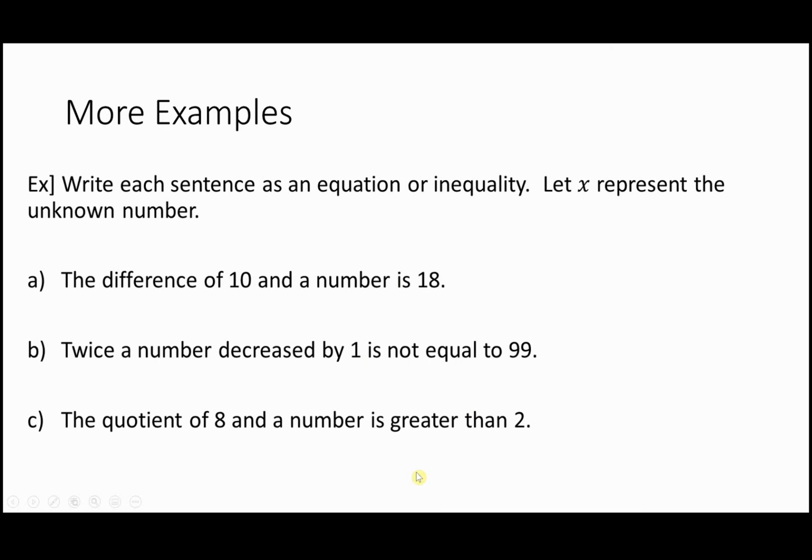All right. Reading A, it's the difference of 10 and a number is 18. All right. So that'll be represented as follows. The difference of represents subtraction. Sorry, I couldn't think of the word subtraction. And the order of the items is the same as it is in English versus mathematically translated.